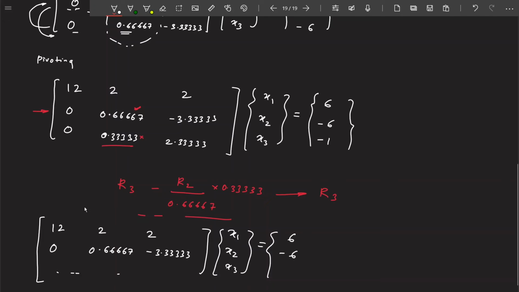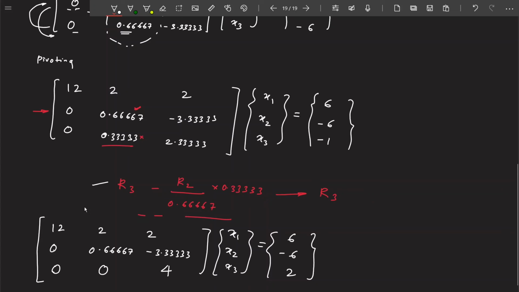Everything that is going to change is in this row. This was already 0, but now using this operation, this also becomes 0. And this becomes 4. And if you solve this, this becomes 2.